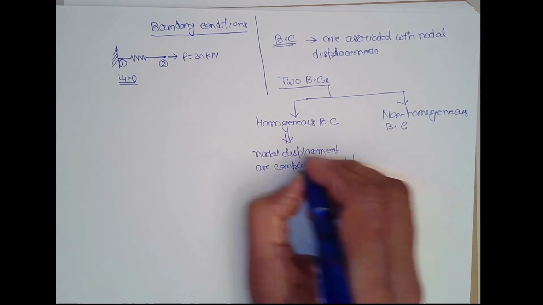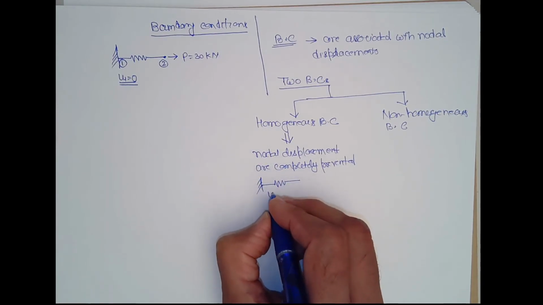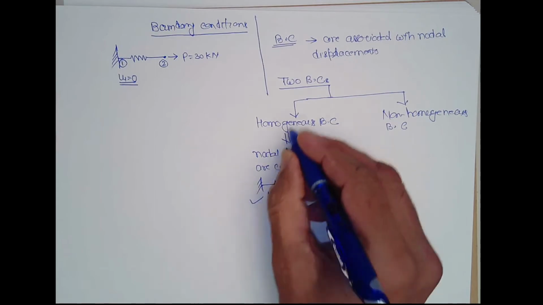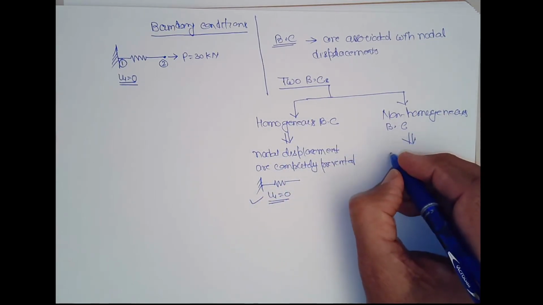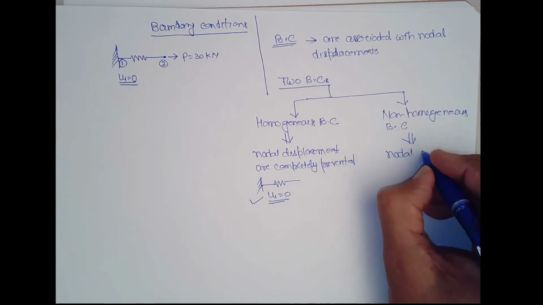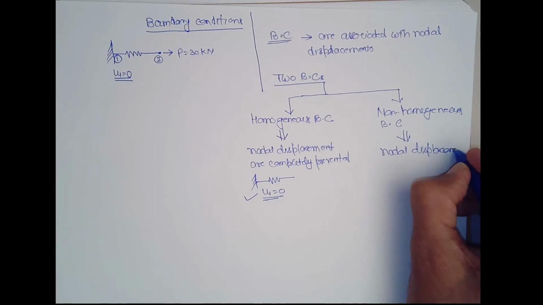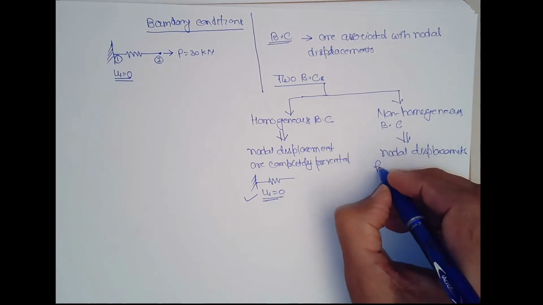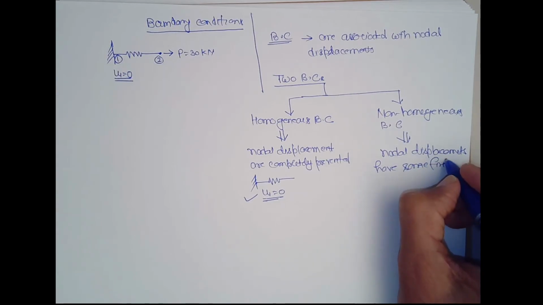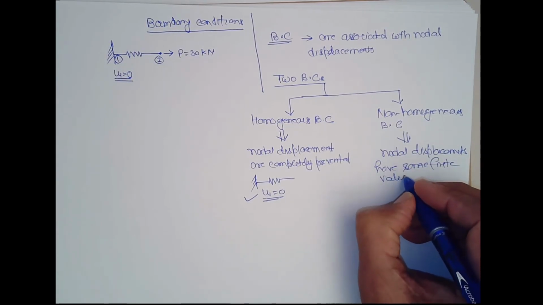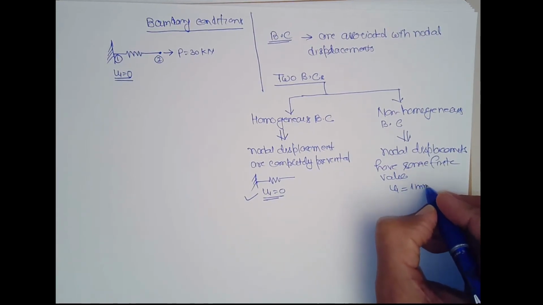Like this: U1 is 0. This is an example of homogeneous. Non-homogeneous means nodal displacements have some finite value, meaning U1 may be 1 mm, sort of thing.